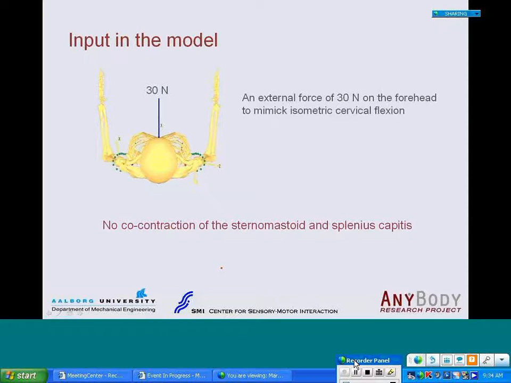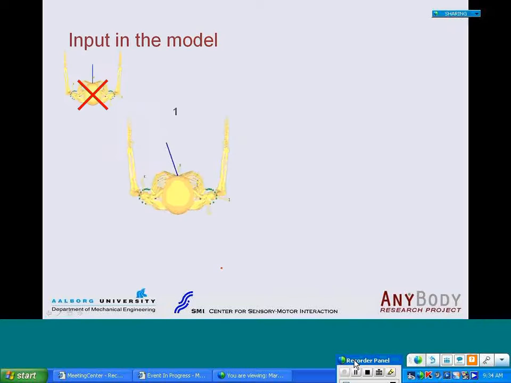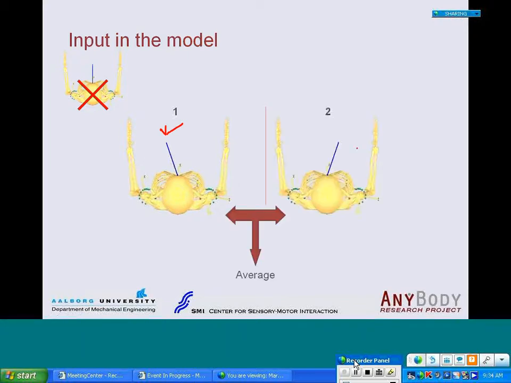So what we did was the following. We could see when we had this external force a little bit offline, a little bit from the center, then there was a co-contraction predicted in the model. So in one situation we have the external force a little bit to the left, and in the second we have the external force a little bit to the right, and then we took the average of these two situations.